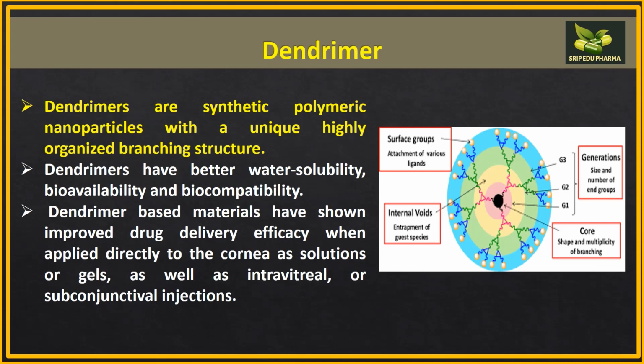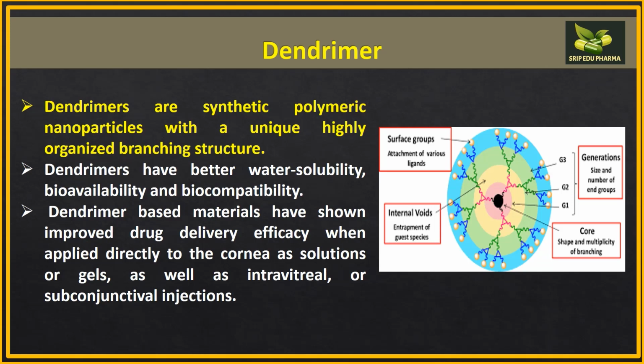Next, we will see dendrimers. Dendrimers are synthetic polymeric nanoparticles with a unique, highly organized branching structure. You see the diagram here. We can see here are branched structures, and at the end there are surface groups which are attachment sites of various ligands.